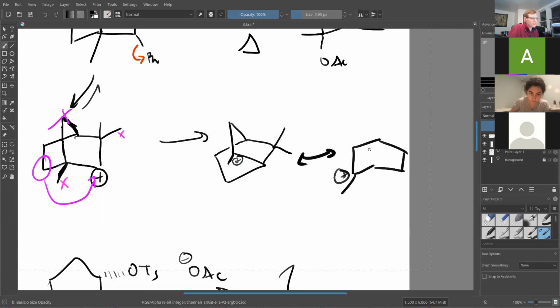But I can redraw it to look like this. I didn't move any electrons. It didn't move anything right there. I just redrew it. In other words, I took this thing here, and if you imagine, I rotated it this way. I kind of flipped it on its side so that it was laying flat.